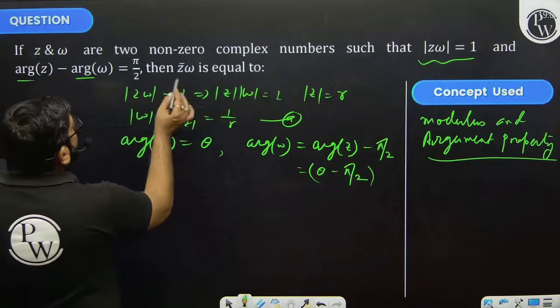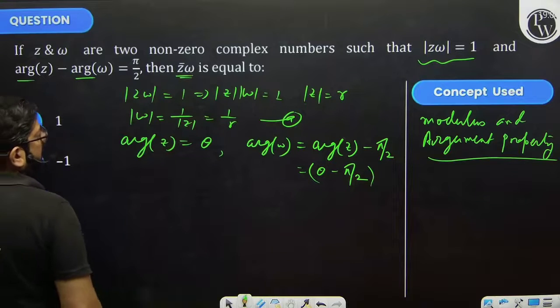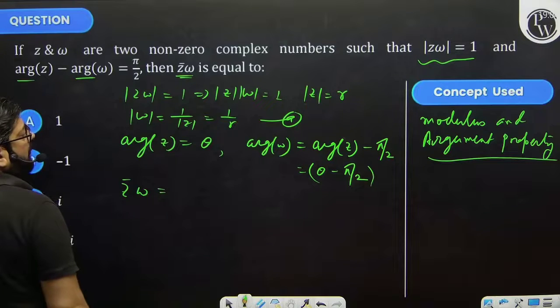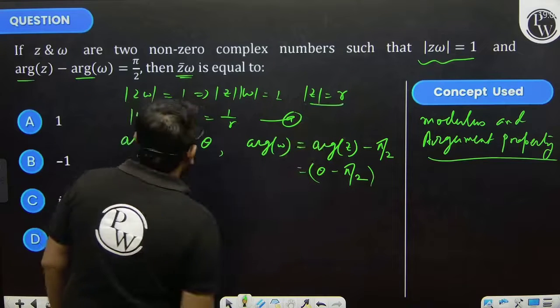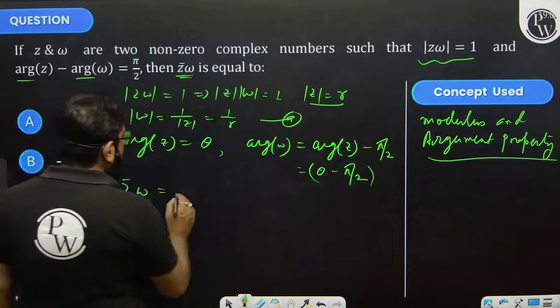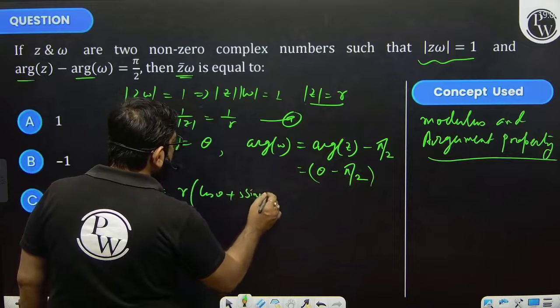Now we have to find the value of z conjugate into w. For z, the modulus is r and the argument is theta. So using the polar form, z is r into cos theta plus iota sin theta.